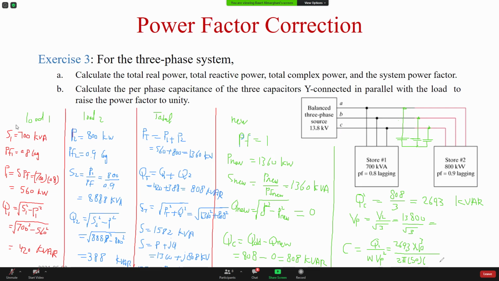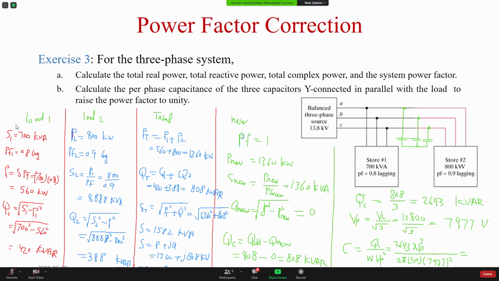I think that is 7,977 volt. So 7,977 squared, and this is the final answer.